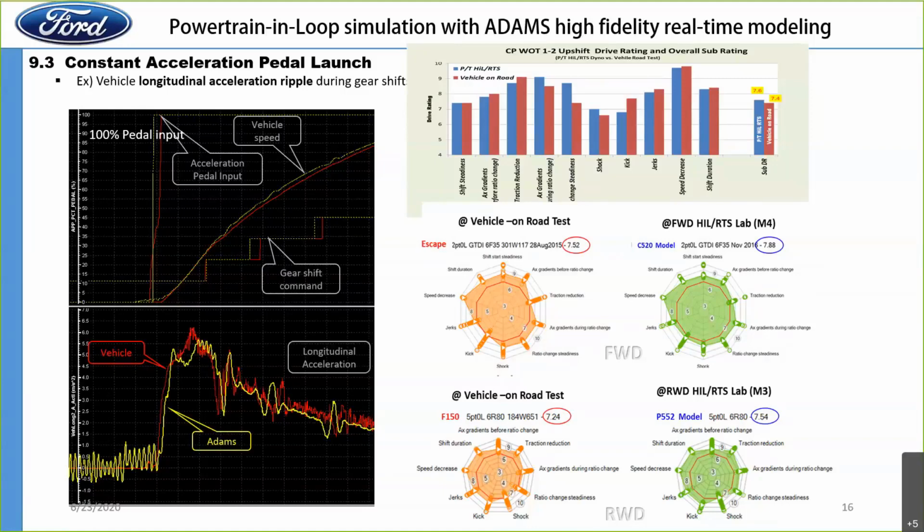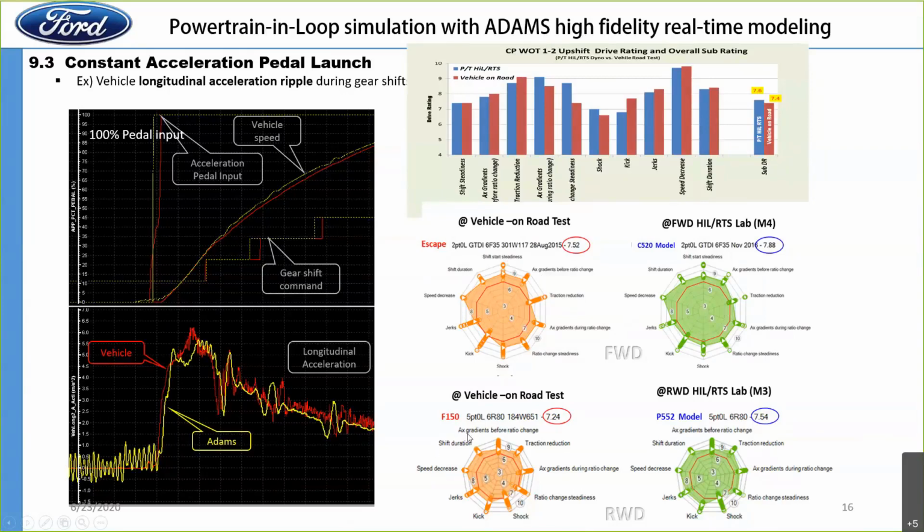If you look at the shape, the diagram is the spider chart. This is the Escape on the left, measuring the vehicle, and this is the Escape model measured in the dyno cell. The shape looks very similar.